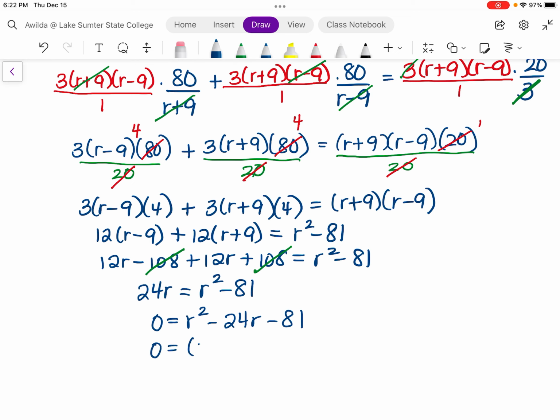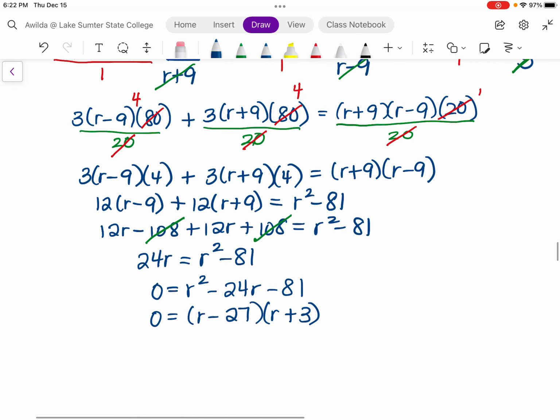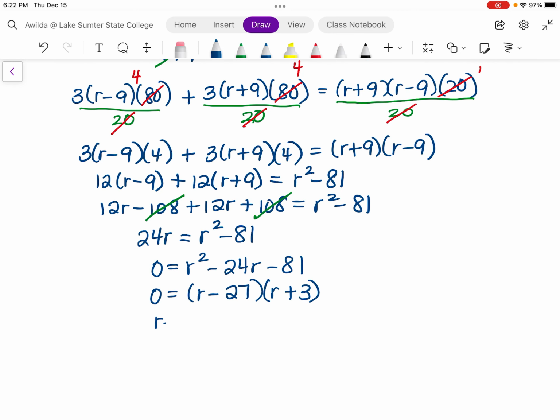So we'll factor this as r minus 27 times r plus 3. Using the zero product rule, it must be that either r minus 27 is equal to 0 or that r plus 3 is equal to 0. That gives us two solutions, either r is 27 or r is negative 3.